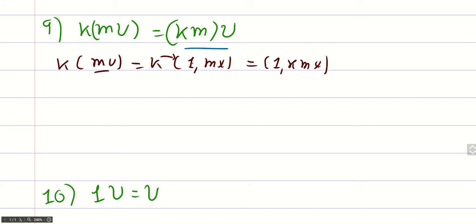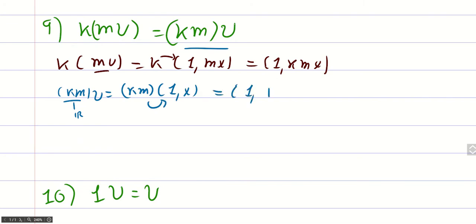And on the right hand side of this equation, we got km acting as one scalar. This is just one scalar times the vector u, and this is just km times (1, x), and when we multiply by this vector, we obtain (1, kmx). Both vectors are the same, so this property also holds.